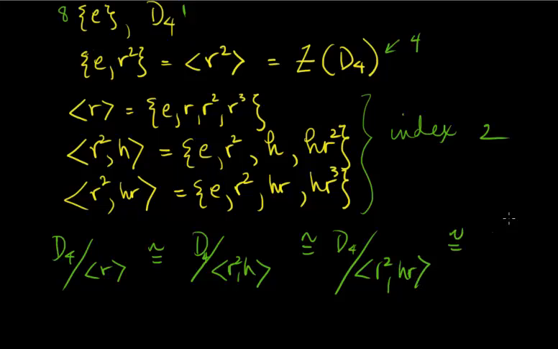And they're all isomorphic to the only 2 element group there is, the little cyclic group, and we'll just call it Z2. So we have homomorphic images. It is possible to make homomorphisms from D4 onto Z2.